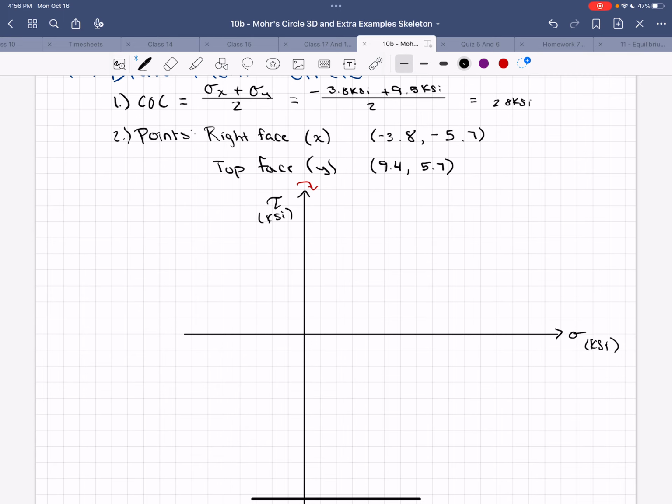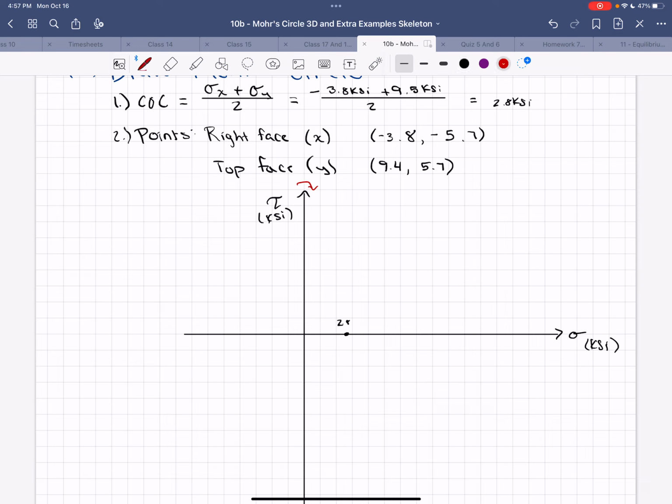I'm going to plot my center. The center is always on the normal stress axis, always on this axis. So it's going to be 2.8 right here. It's my center. Then I need to plot the x face, which is negative 3.8 in the normal stress direction.